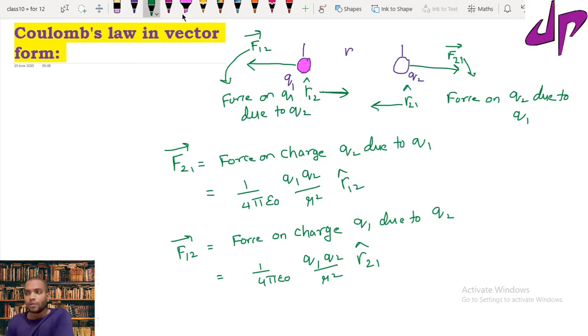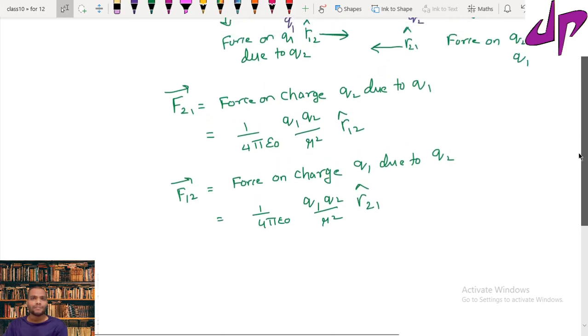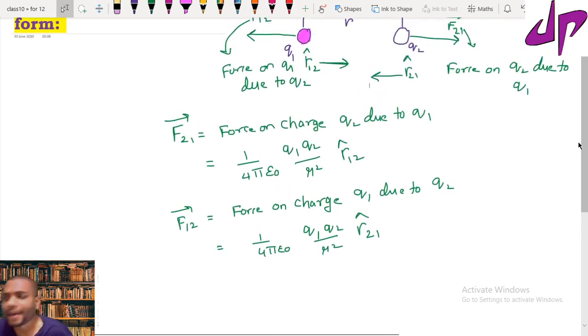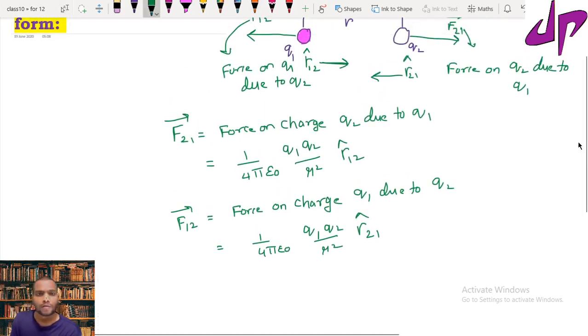Now these two forces are equal in magnitude, but the only difference is they are opposite in direction. According to the unit vector definition, a vector divided by its magnitude is a unit vector.